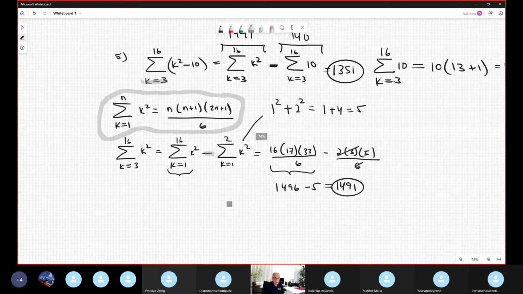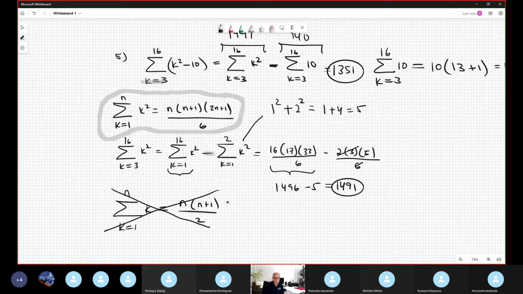If the formula is not squared, suppose summation of k, the formula is n plus 1 divided by 2, no? You know this formula, it's easier, right? In this problem, no, not that formula. We're using a formula a little bit more complicated because the summation uses a square for each element inside.